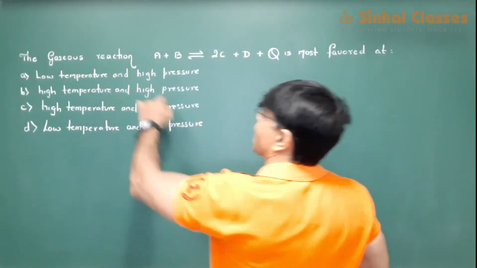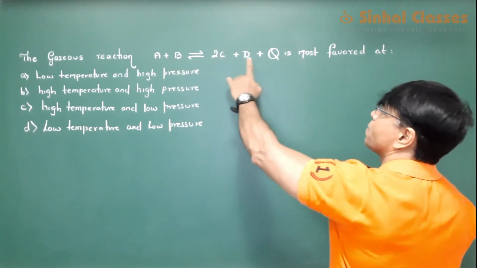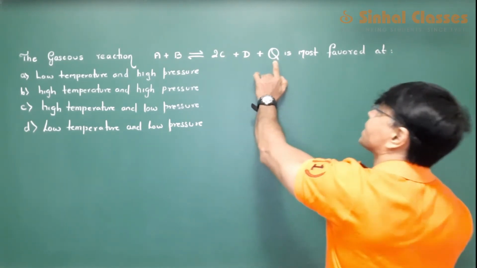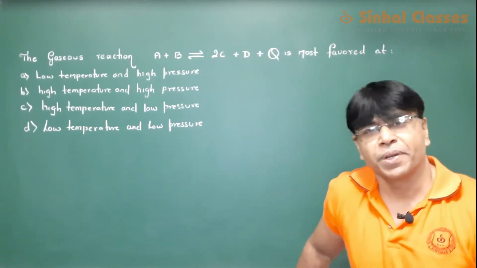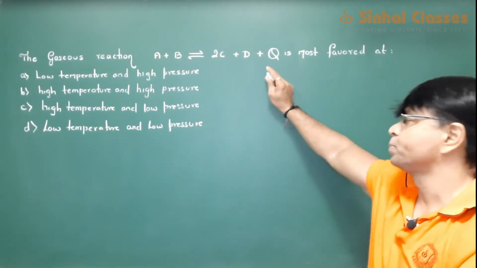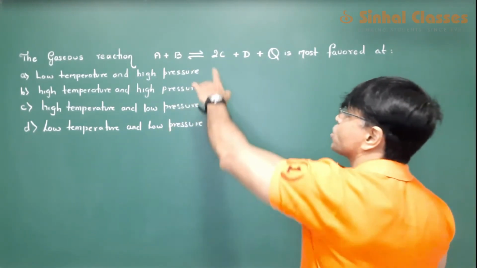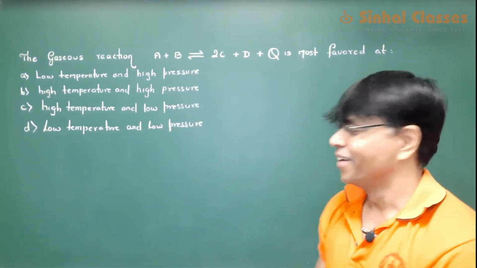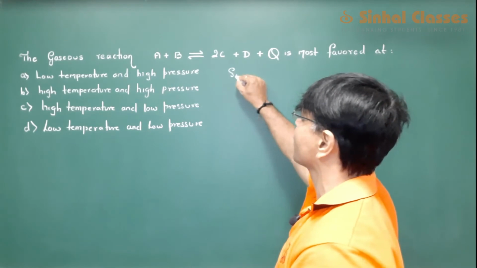The gaseous reaction A plus B gives you 2C plus D, and heat is given out, is most favored at. Now this Q stands for heat which is given out during the course of the reaction and equilibrium is obtained. Now just analyze this equation very carefully.